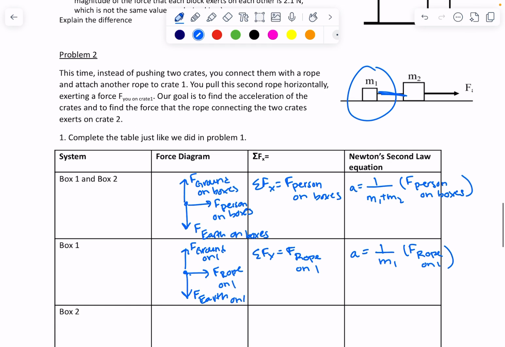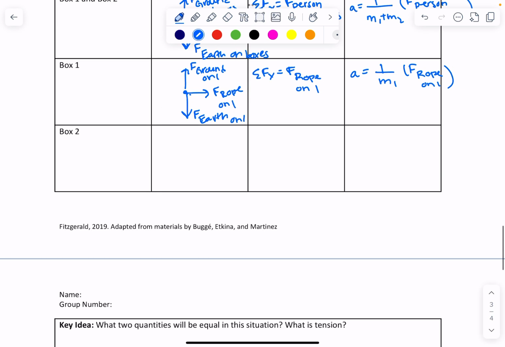Then if we look at box 2, we have two forces exerted. We have the force of the person and the rope, and then of course the earth and the ground. Force earth on 2, force ground on 2, the force of the person on 2, and the force of the rope on 2.